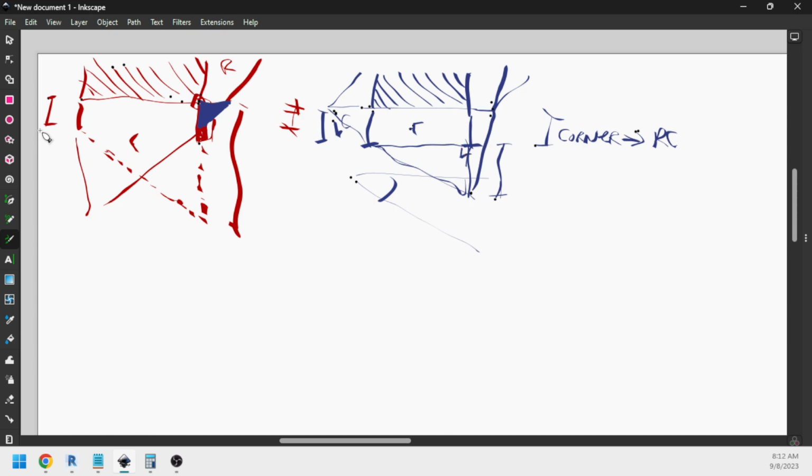But when we calculate the distance, we're going to have to sum the opposite side of the angle, this distance, with the corner, in this case the right corner. So keep this in mind. You will have to include this in your Revit formulas in order to make this family work.